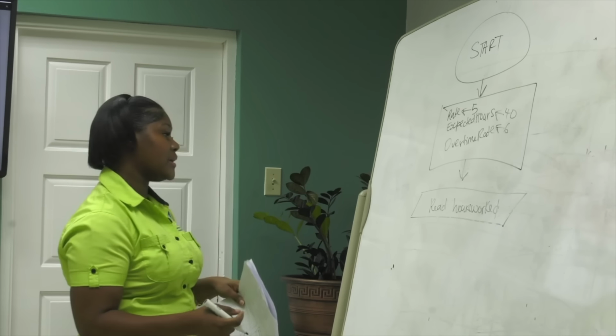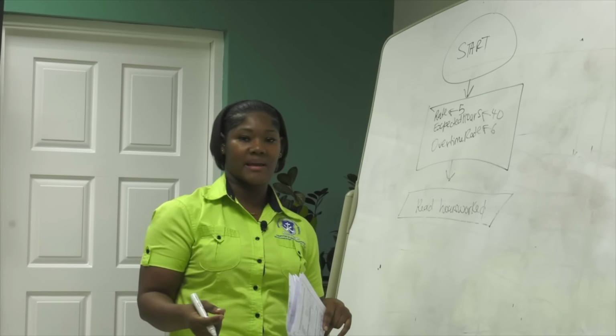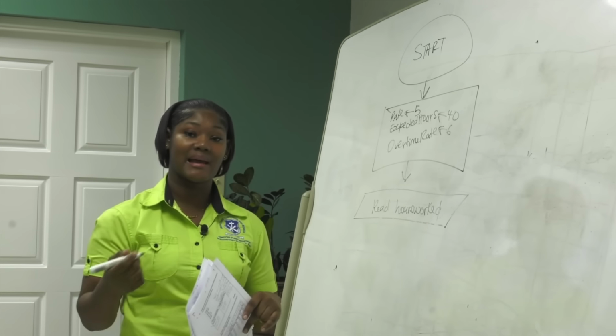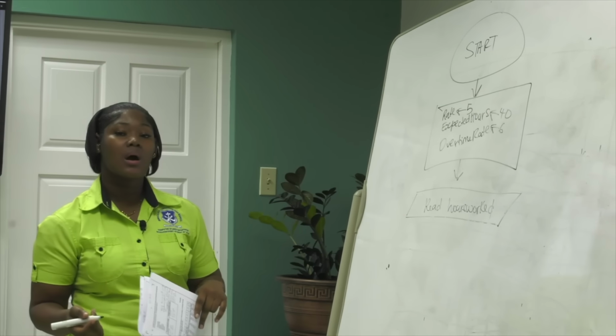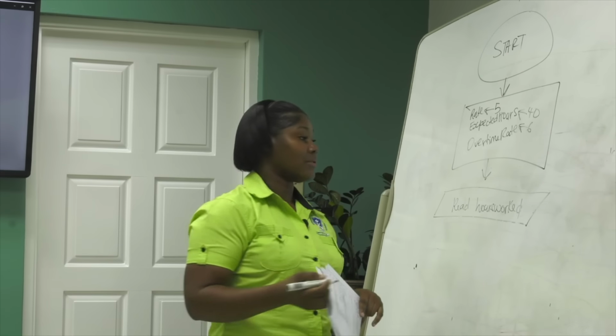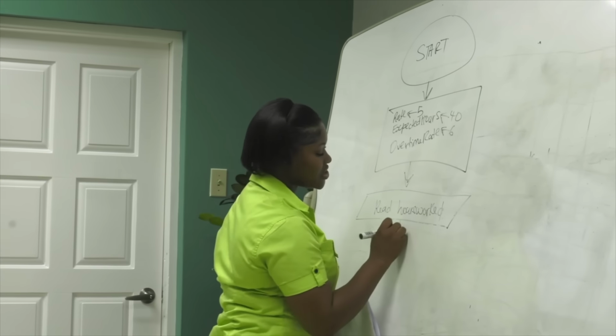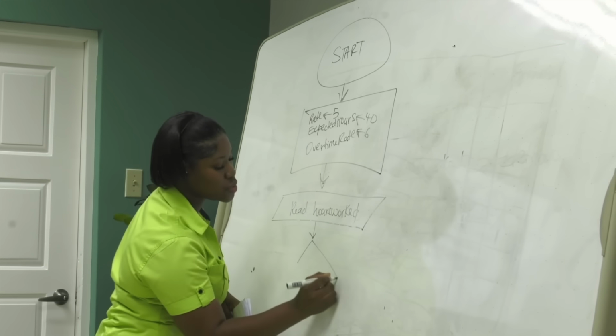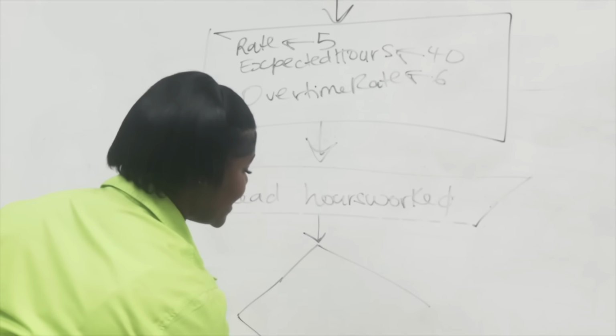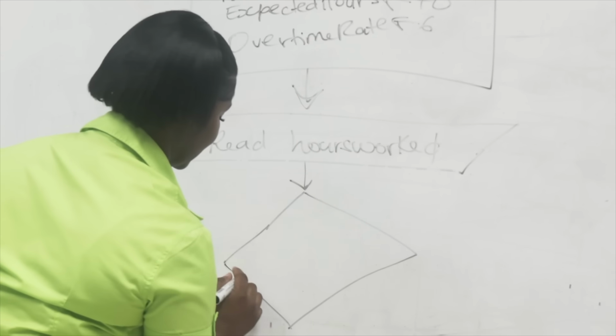So at this point, we would need our if statement, but we don't just write the if statement like that. We use what we would call our decision symbol, right? So we would put our decision symbol, and what we would do is to place our condition in our decision symbol.